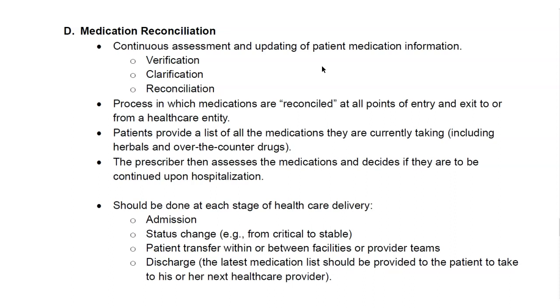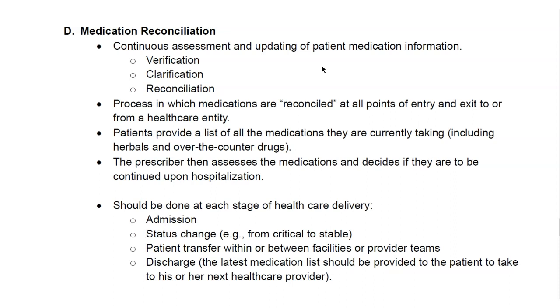That closes the communication gap, and we need to make sure that we're not omitting a medication or maybe double ordering certain medications. The patients will provide a list of all their medications that they're currently taking, including herbals and over-the-counter drugs.